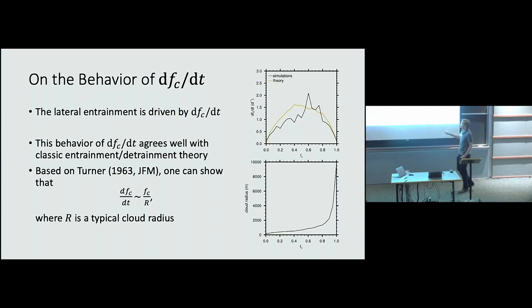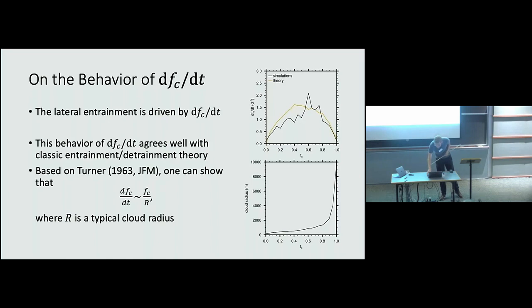Based on Turner, you can show that the temporal change in cloud fraction should be proportional to the cloud fraction over the typical cloud radius, which we determined using Fourier analysis, which you can see here. By combining these terms, we almost match what is happening in our LES simulation, which is, I think, not that important, but a pretty nice feature and shows how well this theory works and also how well our LES simulations capture these behaviors.